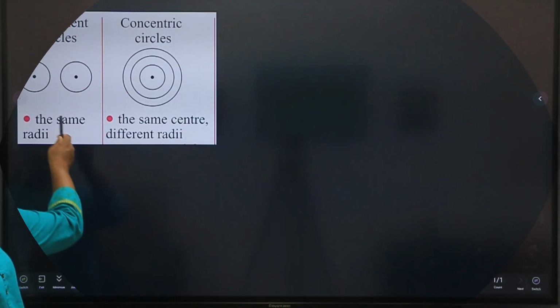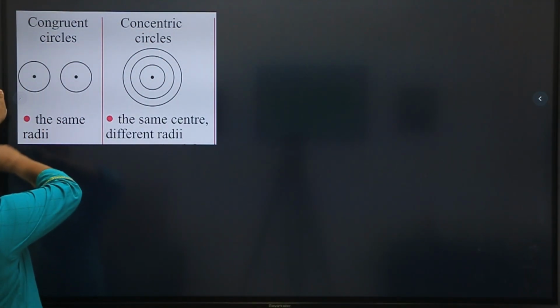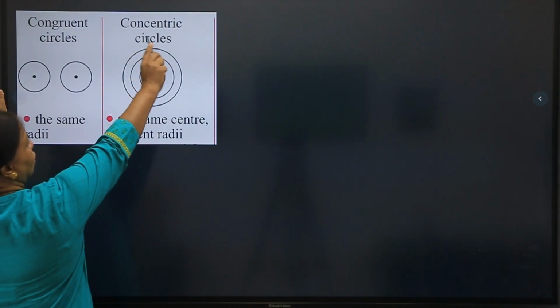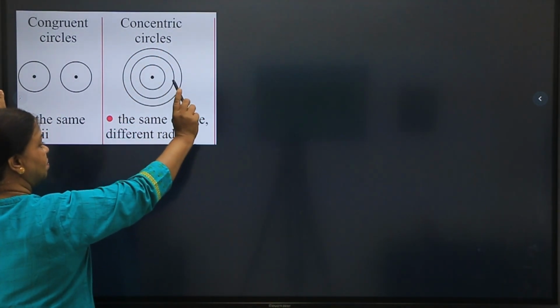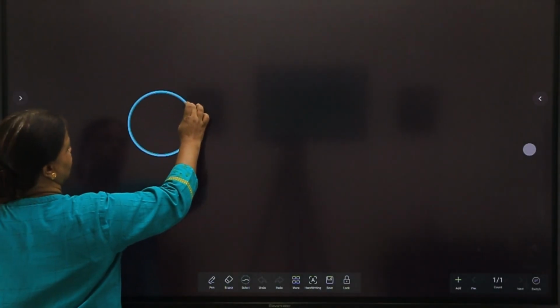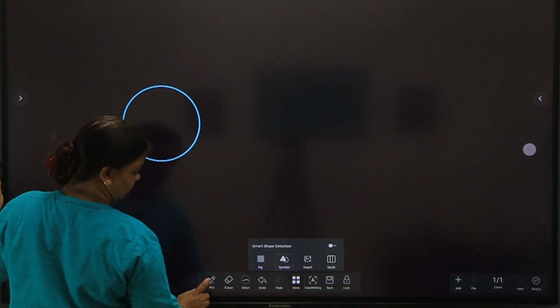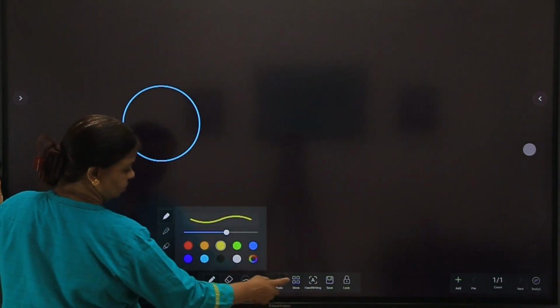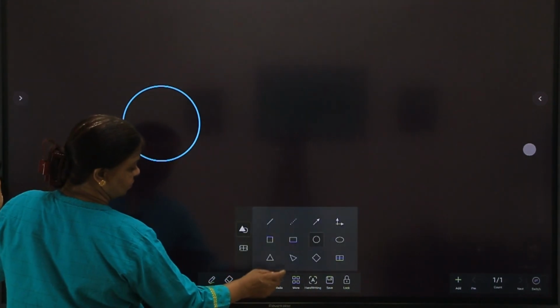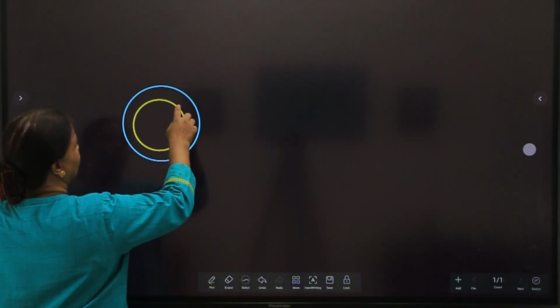Clear? There is one figure which says two circles are congruent, having the same radii, and here concentric circles with the same center. Let's see them. One circle I have drawn. One more circle I am drawing.